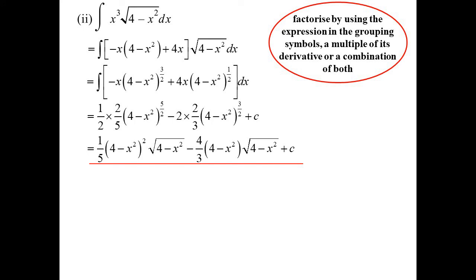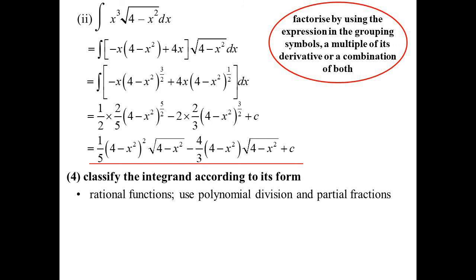Classify the integrand according to its form. In other words, what it looks like gives you a clue on how to approach the question. Rational functions: polynomial division, and then we'll use partial fractions. Some of these techniques are ones we'll look at later on, partial fractions being one of those.